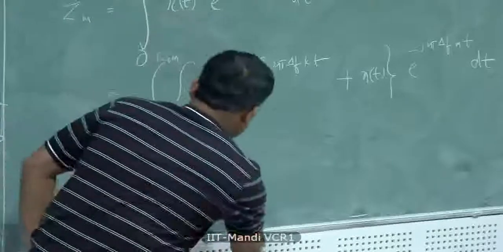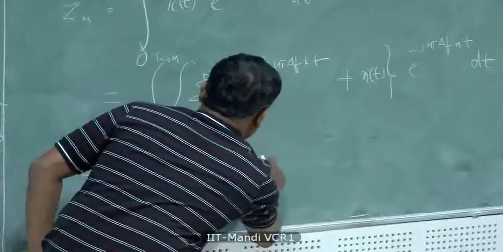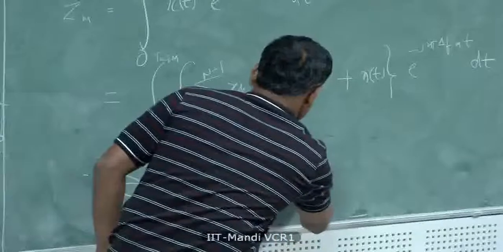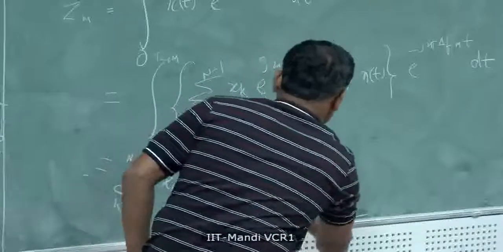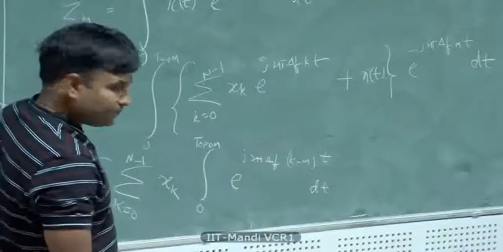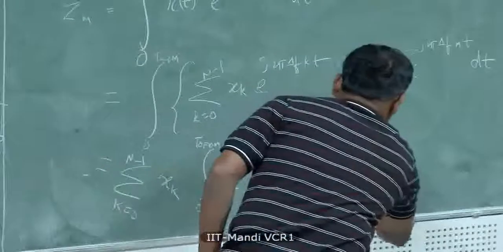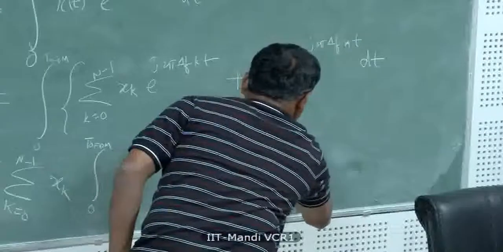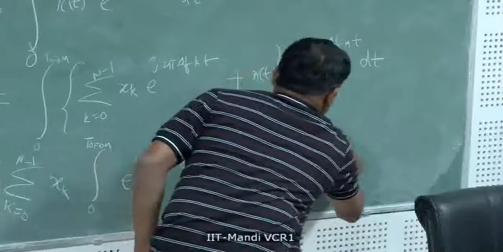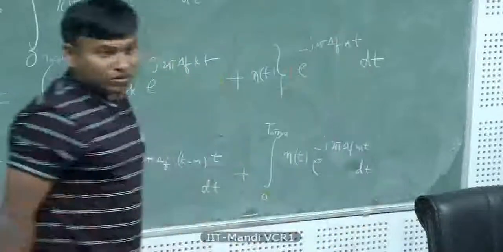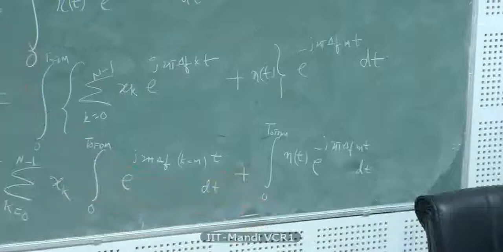And e to the power of j 2 pi delta f k minus m multiplied by t dt. Does it make sense? Plus integral 0 to T OFDM n of t e to the power of minus j 2 pi delta f mt dt. Of course, noise is also going to be processed in this particular manner.